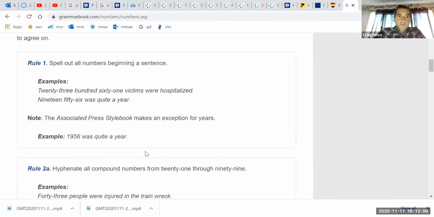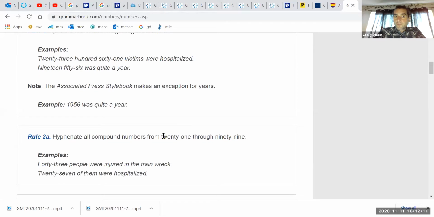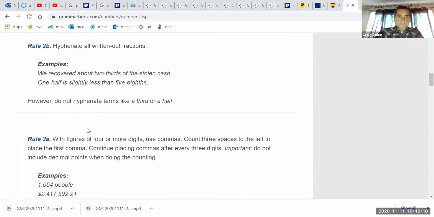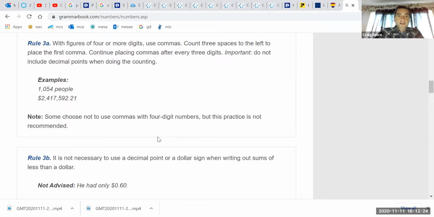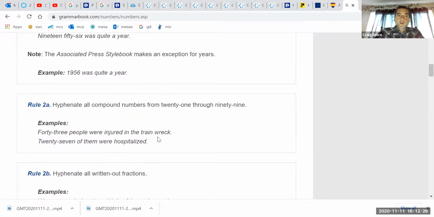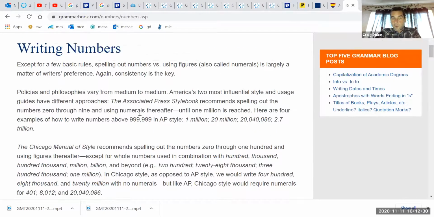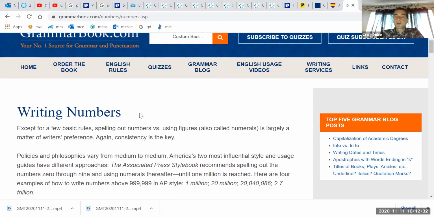So whenever you're using all compound numbers from 21 through 99, hyphenate all written-out fractions, right? But with figures of 4 or more digits, use commas, etc. So make sure you follow the rules listed in the book. And if you want to examine this online document, I'll put the link as well.